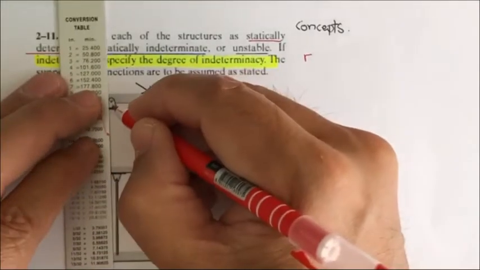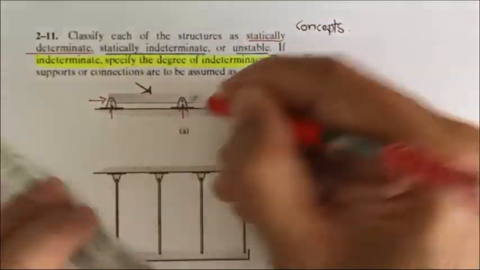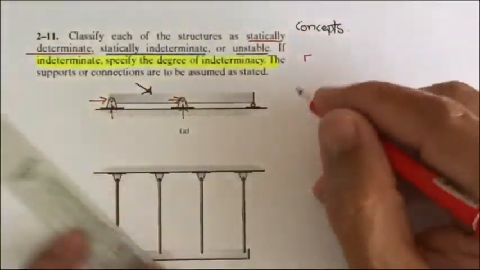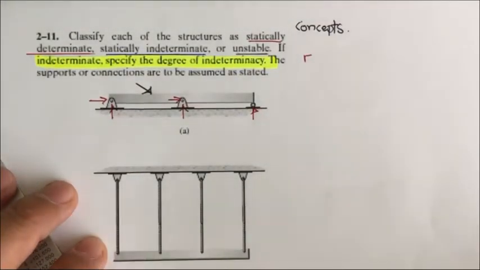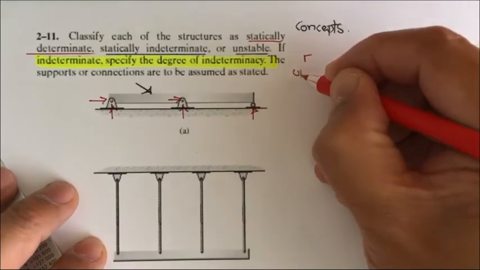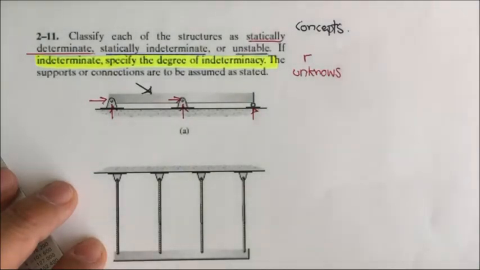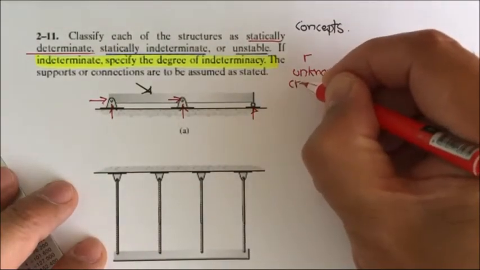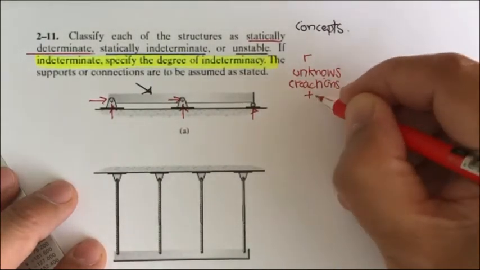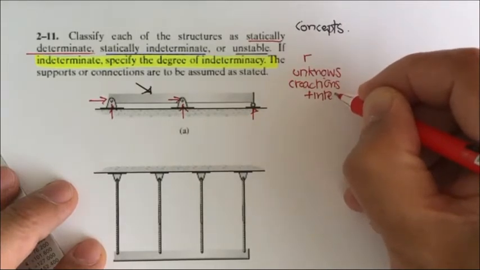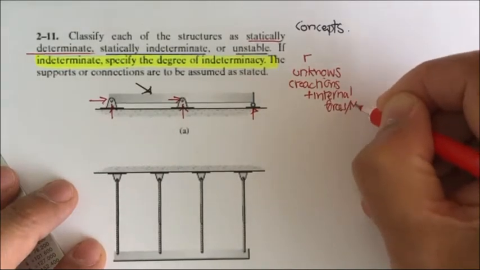For this one, we have 1, 2, 3, 4. That's for the pin, and for this one, we have 5. And then the R can be considered as the unknown. Okay, it's mostly unknown reactions. Okay, and sometimes they may also be internal forces or moments.